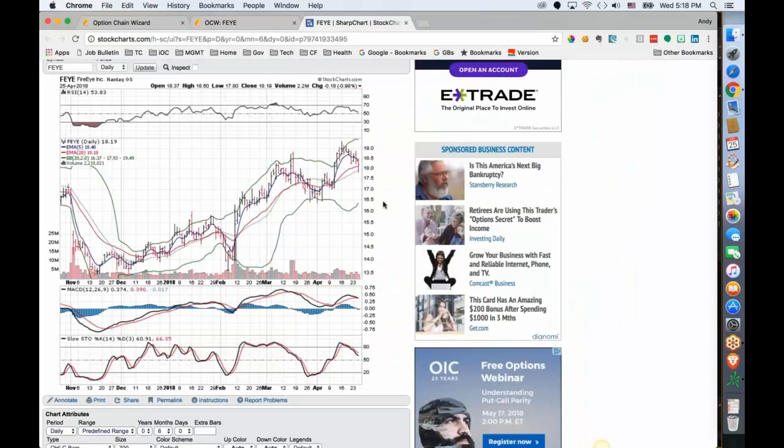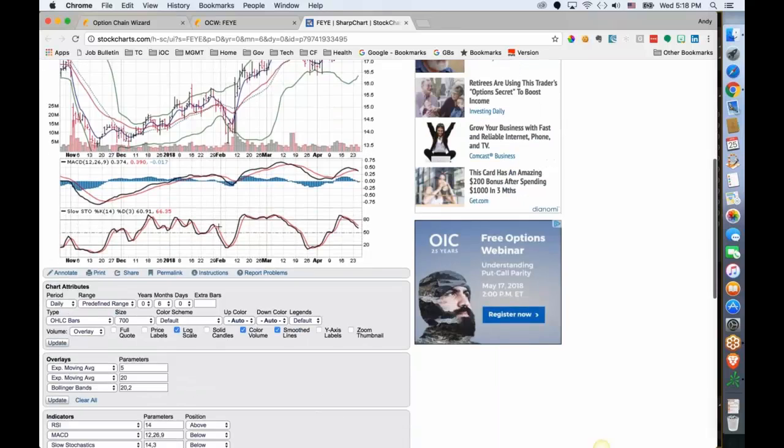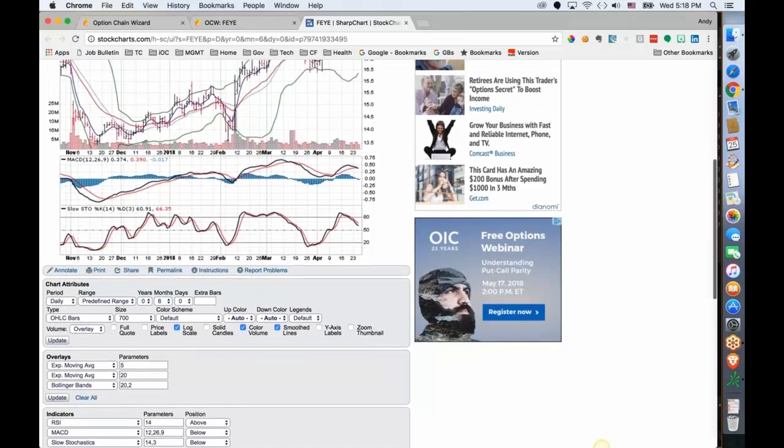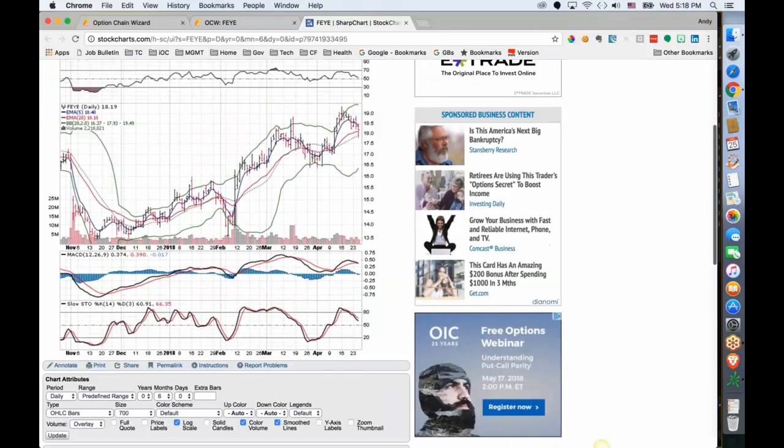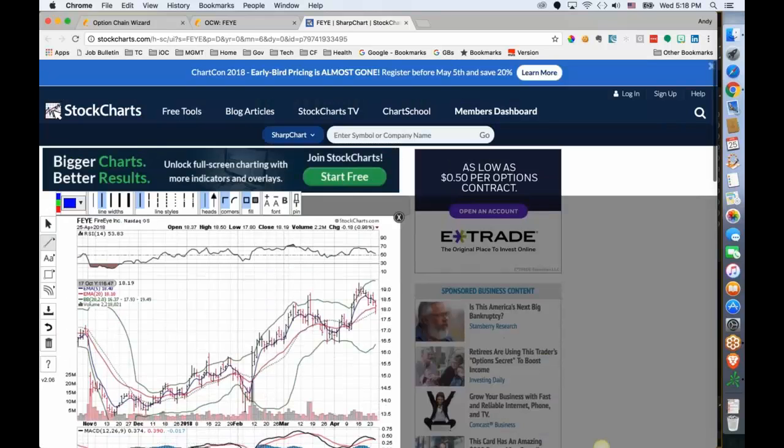And I want to point out that, go ahead and change your scale down there to 6 months. You've got 6 months, and go ahead and click on annotate. And go ahead and draw a horizontal line at 16.85, because that's our cost. That's where we make the decision if we made money or not. Right there.